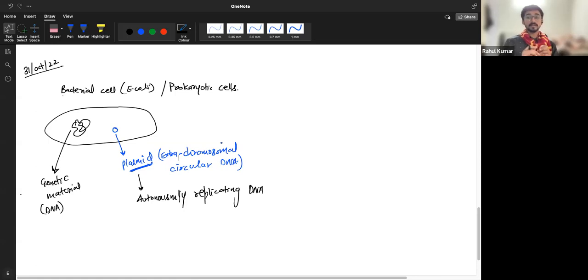Now, the fact that it is circular is very important, because DNA is a double helical structure, right? So if it is circular, it will look something like this, correct?